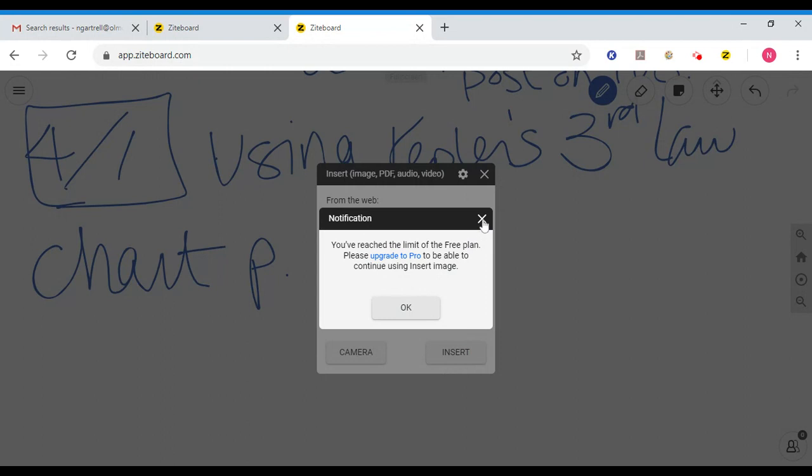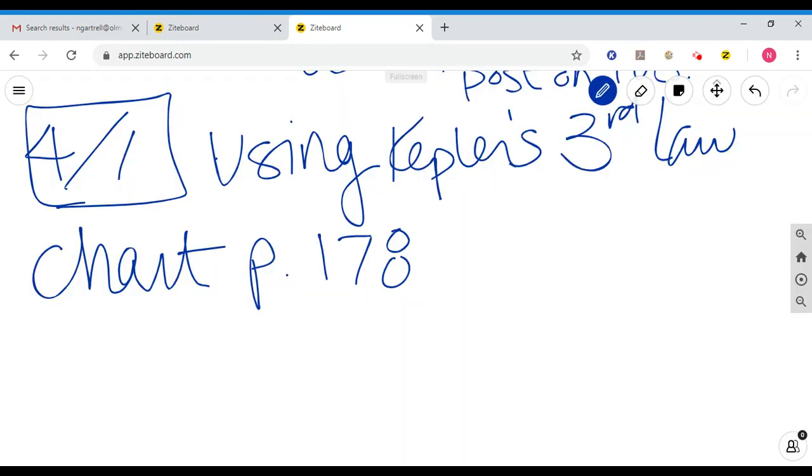All right, apparently I had to upgrade to Pro, so I will just reference that chart along with you guys. I downloaded the chart. All right, let's not do that. So anyway, just open it up to that chart.